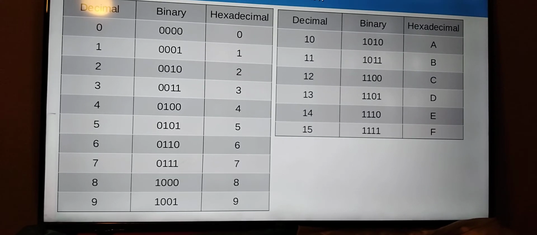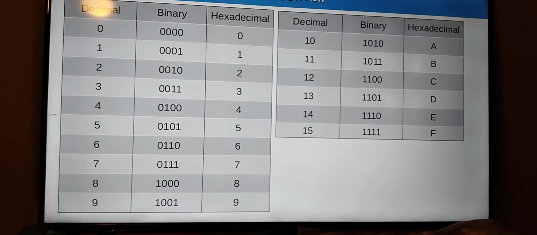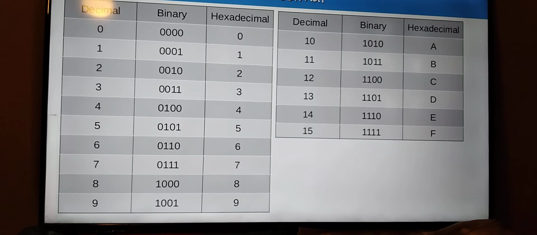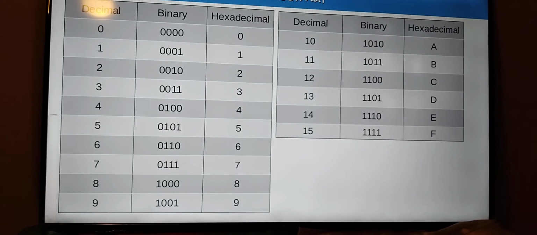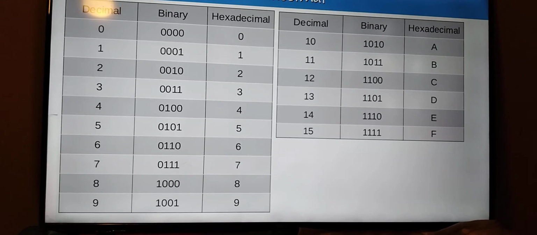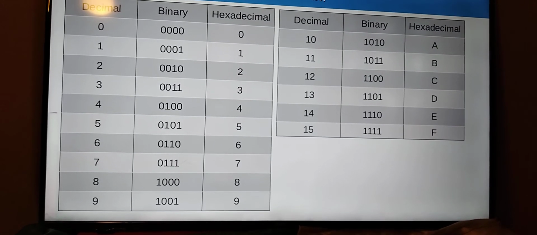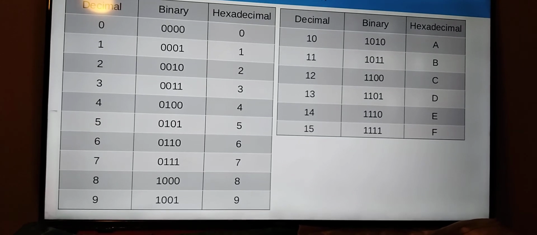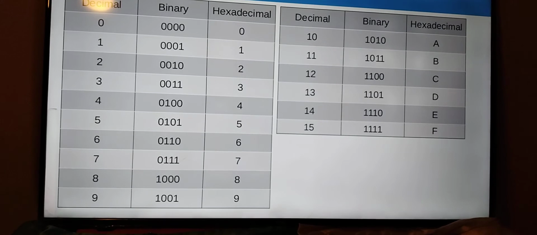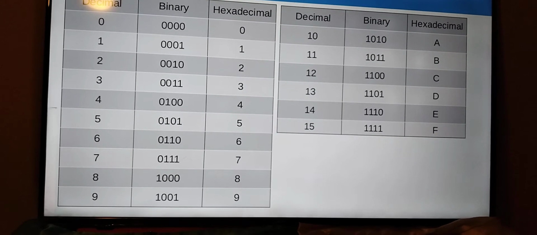And this is a list of decimal numbers on the left in the first table, from 0 to 15, 16 different values. And on the right are the corresponding hex values 0 to F. We can represent as many as 16 different values with hexadecimal.